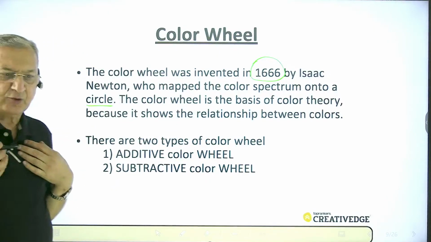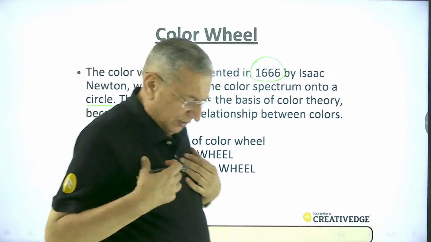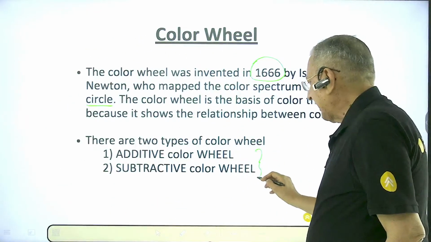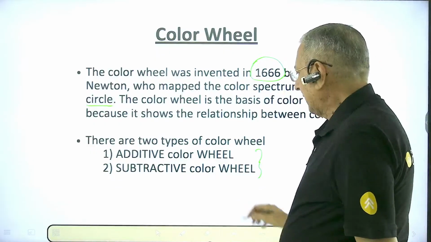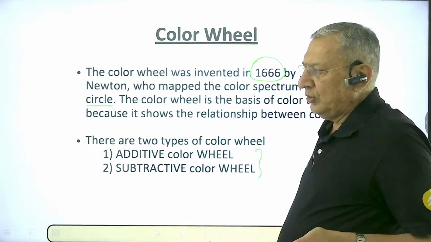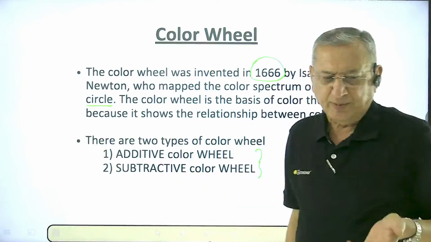Now, if we have to study color, we have to study two color wheels, the additive color wheel and the subtractive color wheel. So far, what we know is the color pigment.